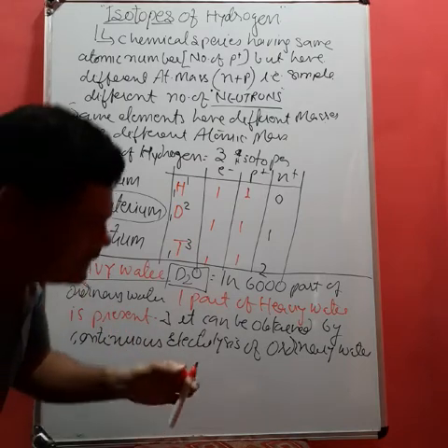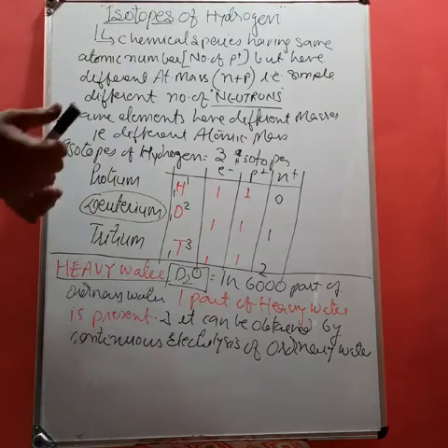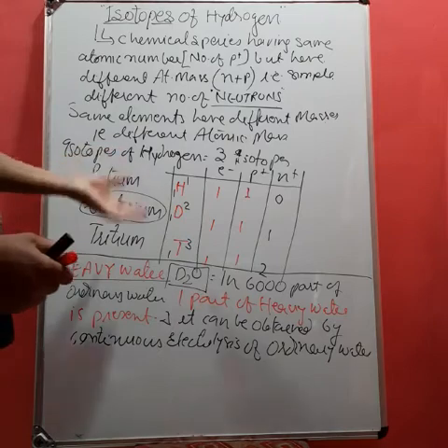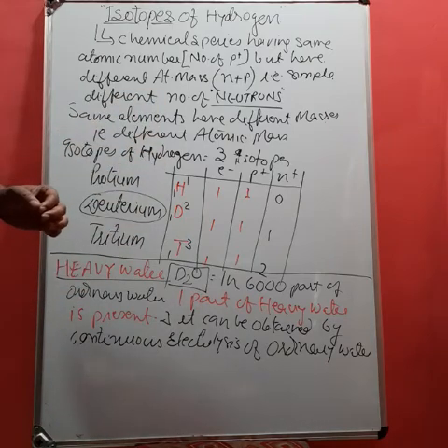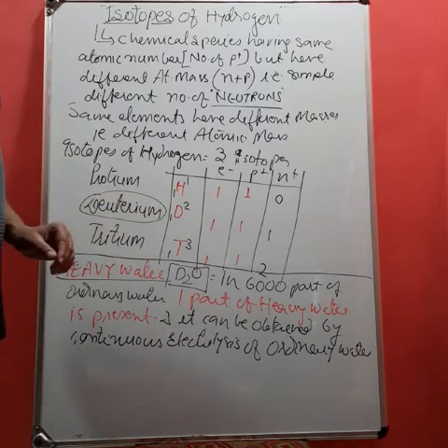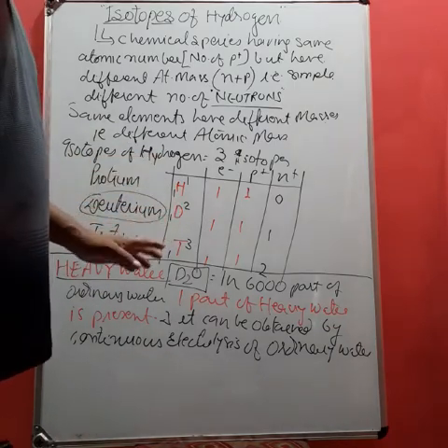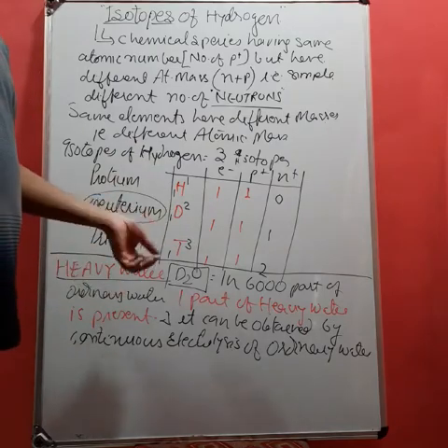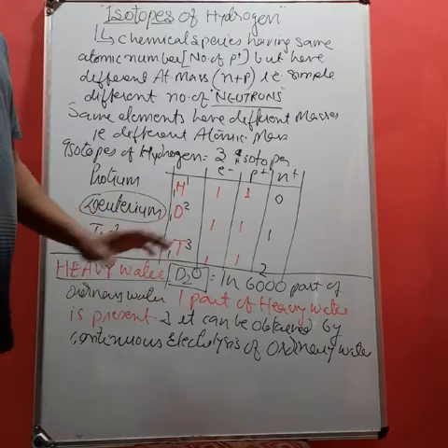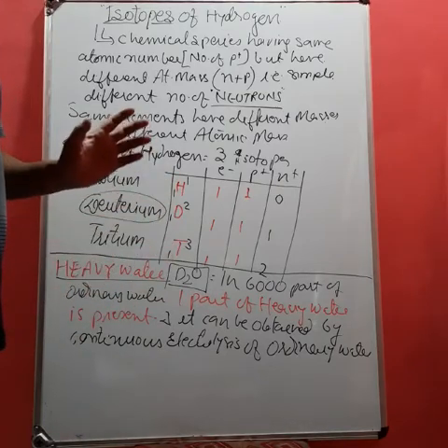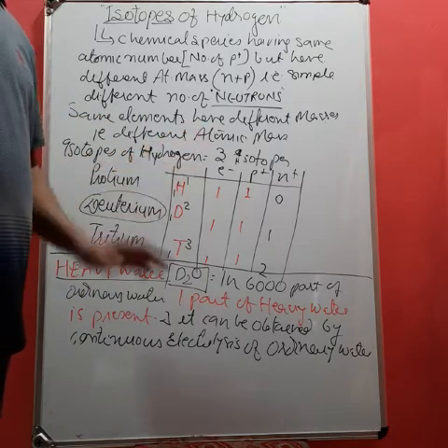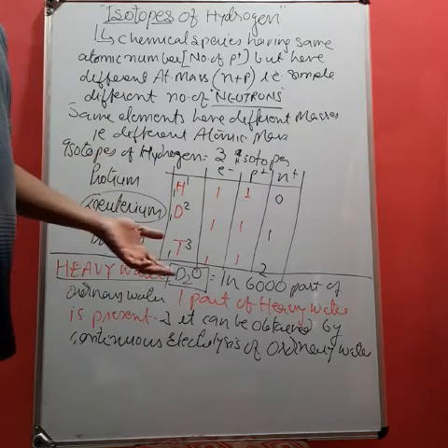Its freezing point is 3 degrees Celsius, while ordinary water has 0 degrees Celsius. The boiling point of ordinary water is 373 Kelvin, but that of heavy water is 374.3 Kelvin. The density of ordinary water is exactly 1, unit density, but the density of heavy water is 1.1. So it makes the difference.